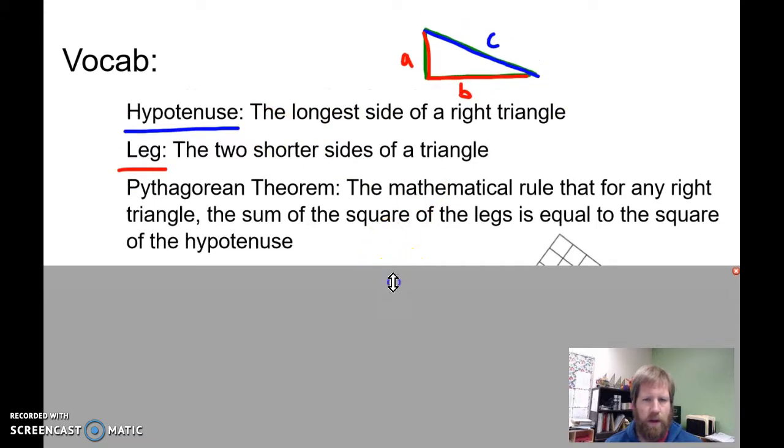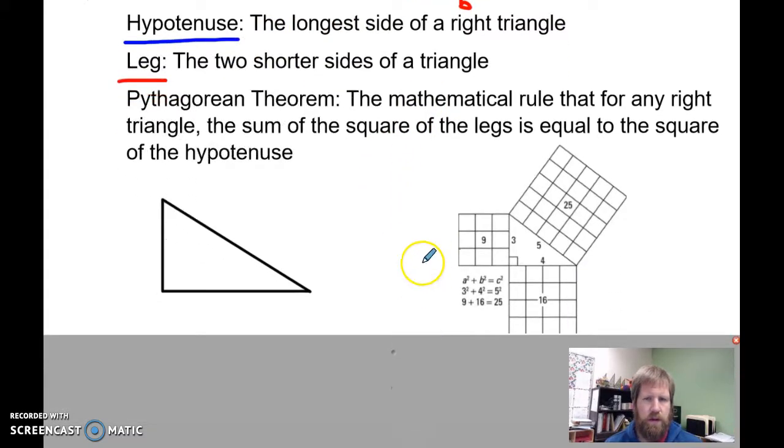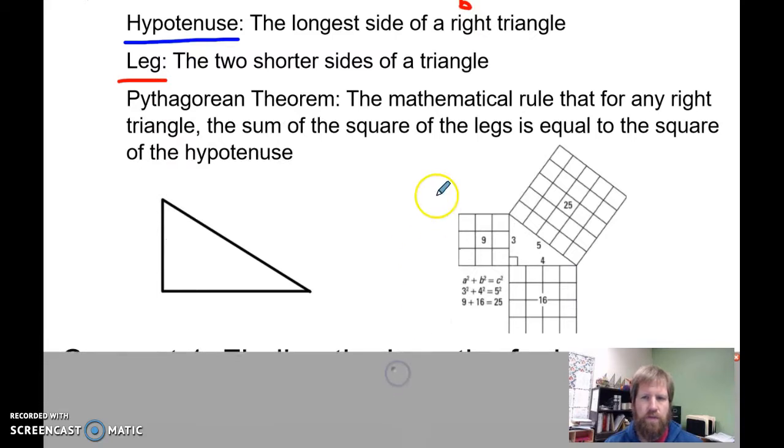Now the Pythagorean theorem is a rule, and basically it says that for any right triangle, any 90-degree triangle, the sum of the square of the legs, so our legs are a and b, so a squared plus b squared, and sum means addition, is equal to the square of the hypotenuse.